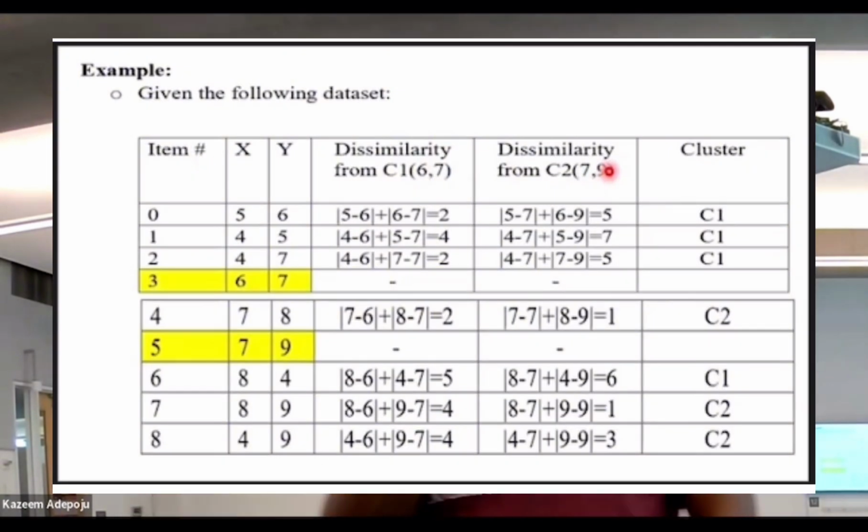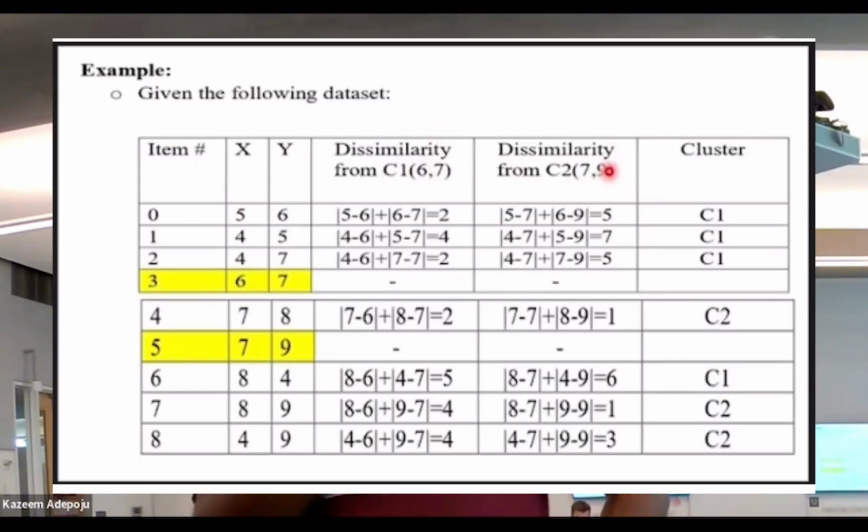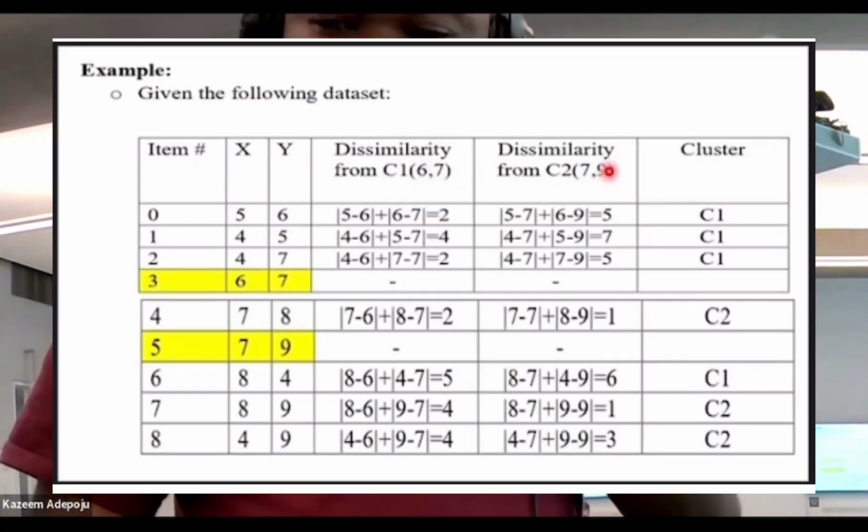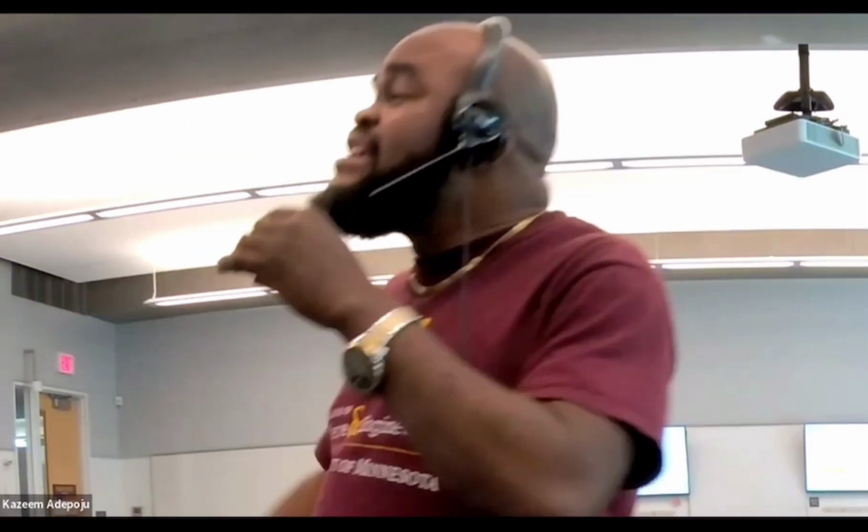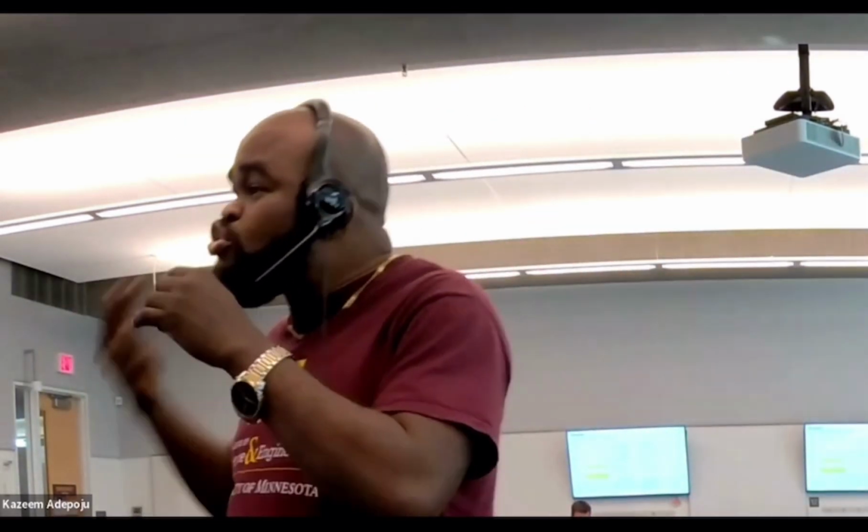Now, I have 9 observations, and they are bivariate, X and Y: 5, 6, 4, 5, 4, 7, 6, 7, as you can see. Now I want to apply what I call the K-Medoid process. First, I randomly select 2 pairs.